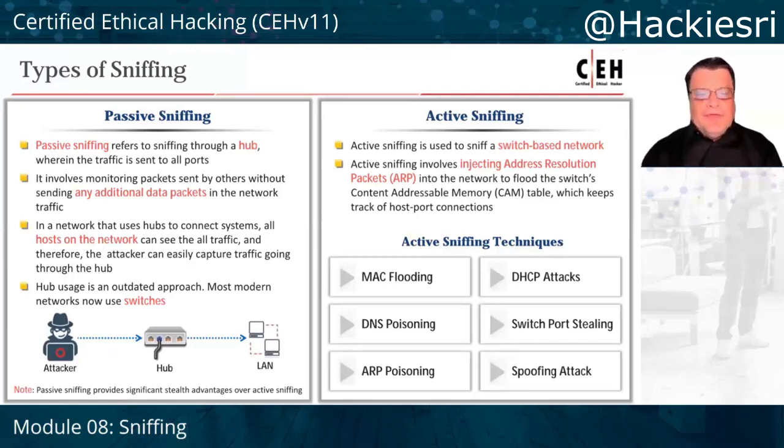Hub usage is an outdated approach. Most modern networks now use switches. Note, passive sniffing provides significant stealth advantages over active sniffing, as is typically the case with passive methods.